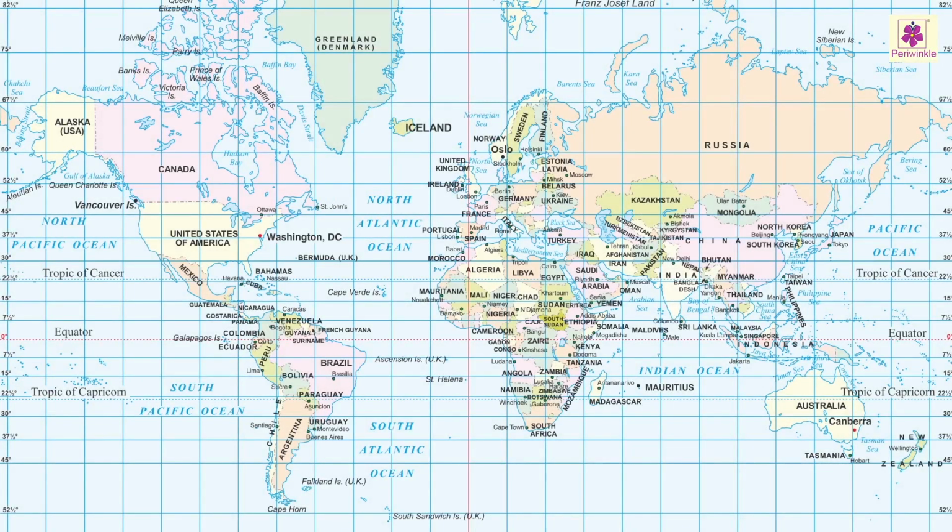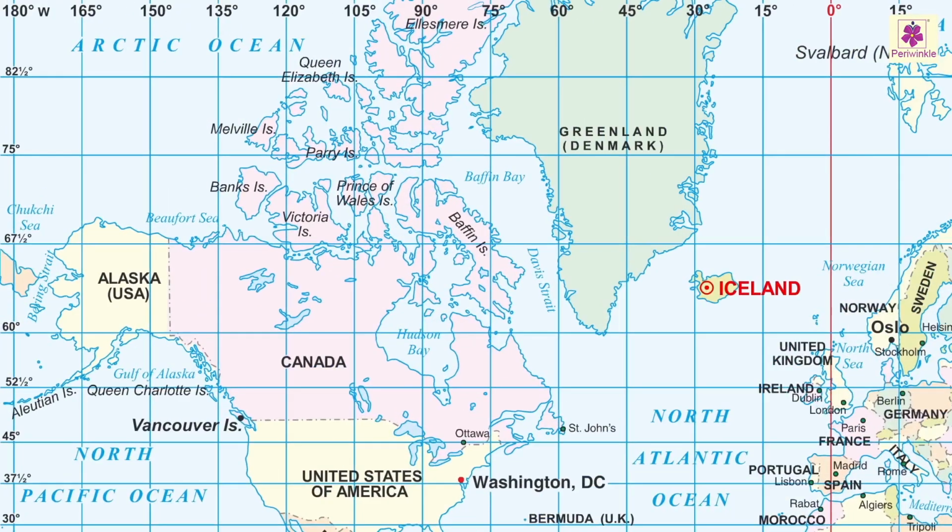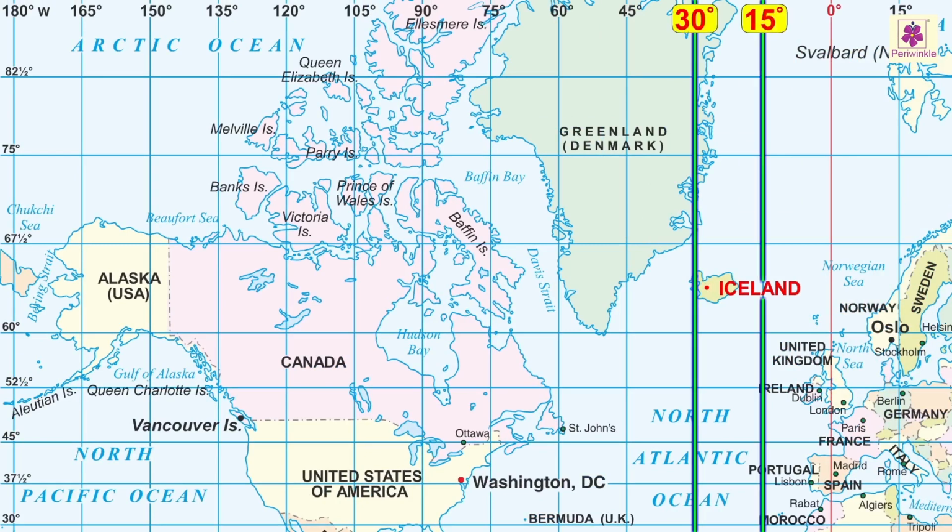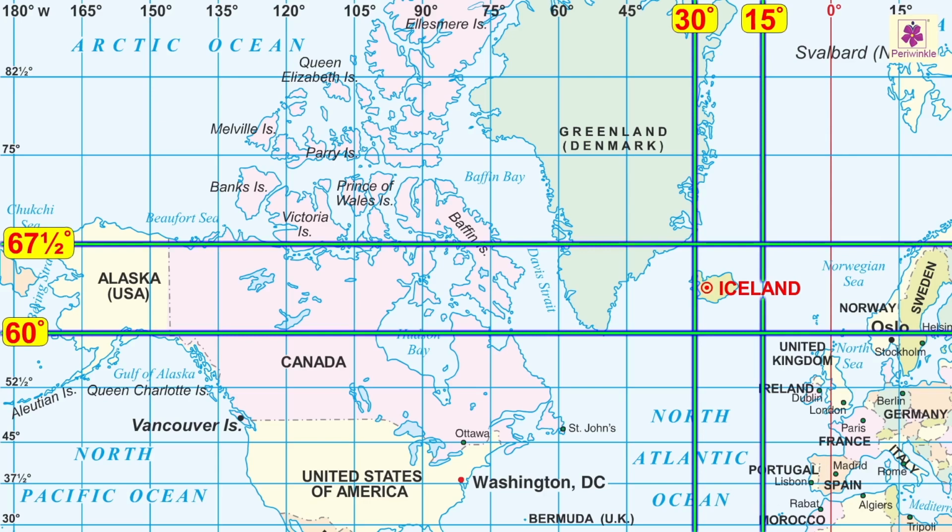Look at the map. Most of Iceland is located between 15 degrees west and 30 degrees west longitudes and between 60 degrees north and 67.5 degrees north latitudes.